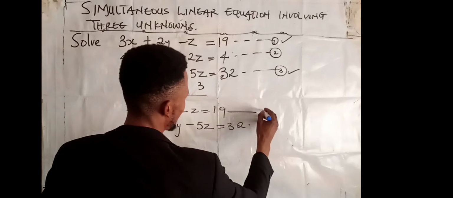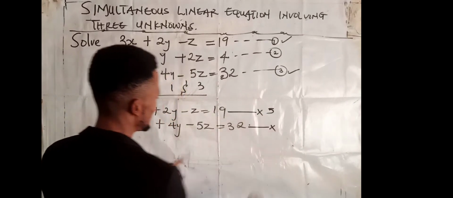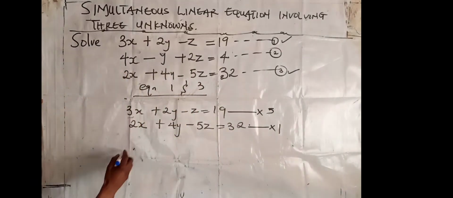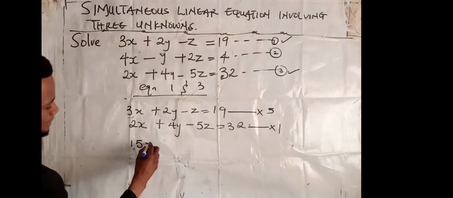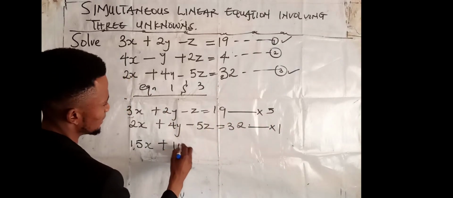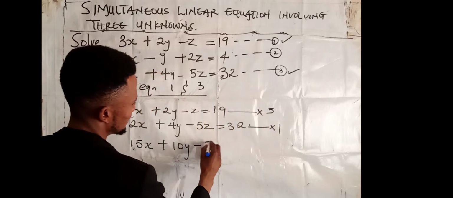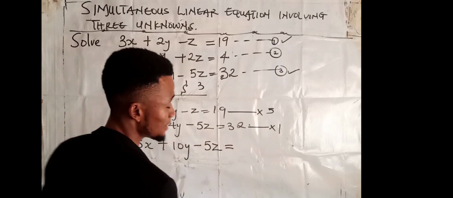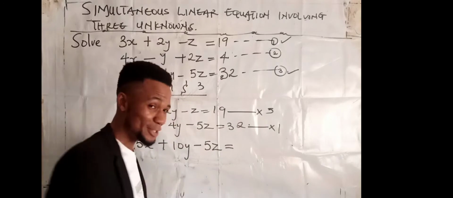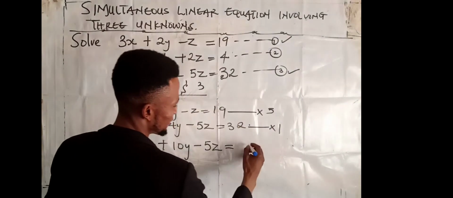So I'm going to multiply this by this number, 5, and I'm going to multiply this by 1. 5 multiplied by 3x gives me 15x, plus 5 multiplied by 2 gives me 10y, minus 5 multiplied by this gives me 5z, and this gives me what? 5 times 9, that's 45.